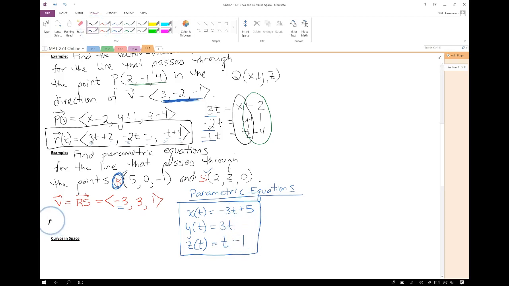So that's one important thing to point out here, is that the equation for a line in space is not unique. It's possible to come up with many, many different representations that once graphed all make the same exact line.